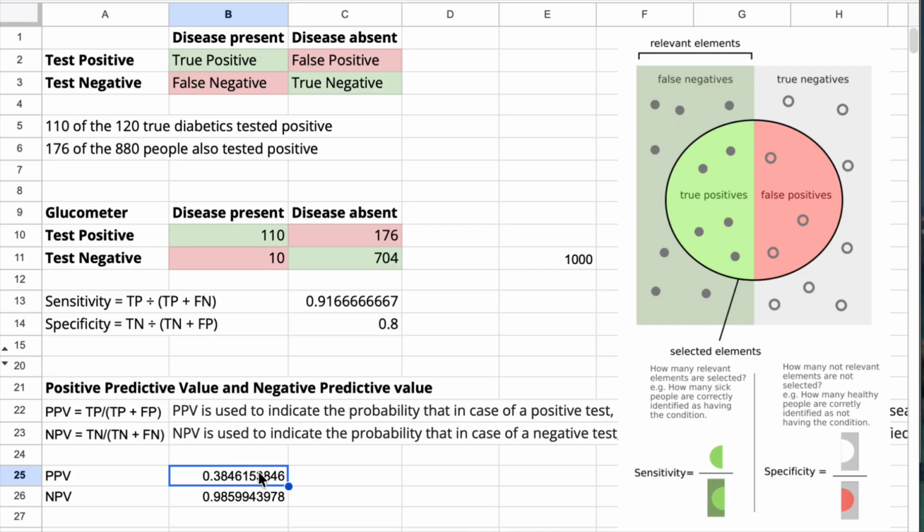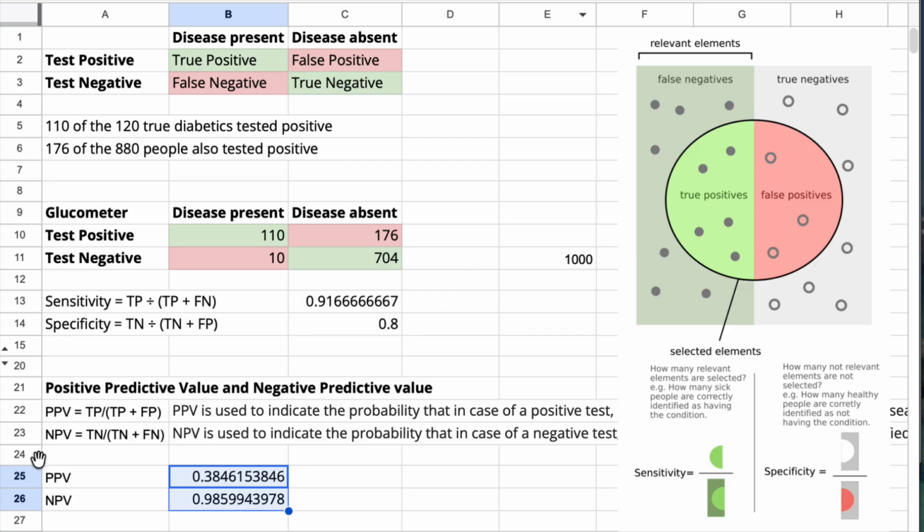But if it rules you in, you'll have to go back and check. So that's about a 38% probability that you actually have the disease if you test positive. If you test negative, there's almost a 99% probability you don't have the disease.